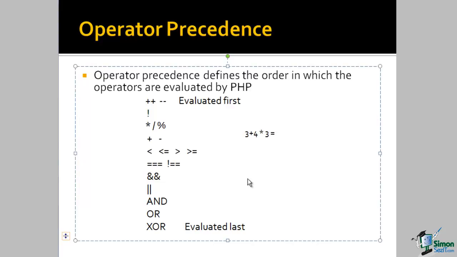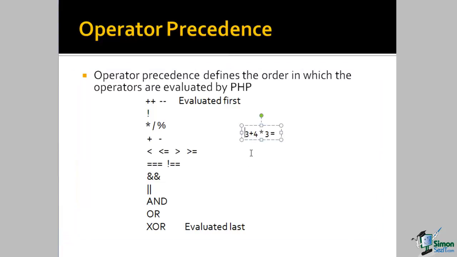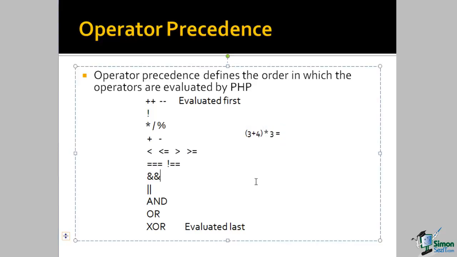We're actually looking to get the value 21. So again, by paying attention to precedence and overriding where we need to by placing parentheses, this will ensure that things are done in the order that we want rather than the order that's defined by the language.